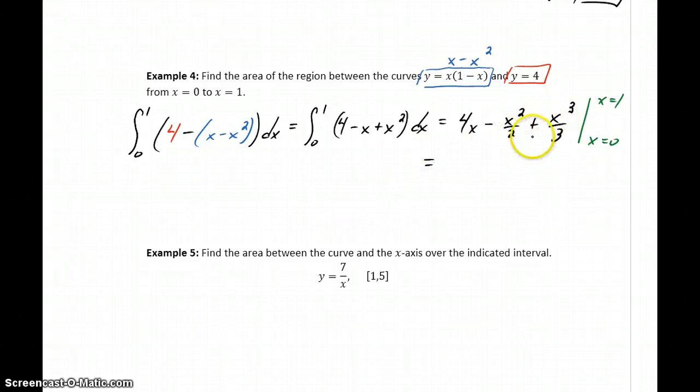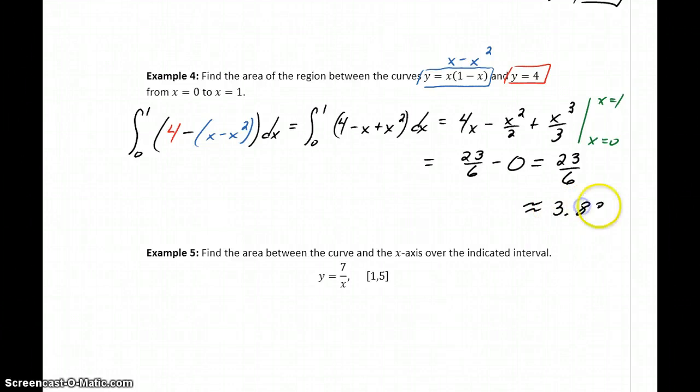Evaluating this expression at 1 would give us 23 over 6. Evaluating it at 0 would give us 0. So we get a result of 23 over 6, or if we were to round that, approximately an area of 3.833.